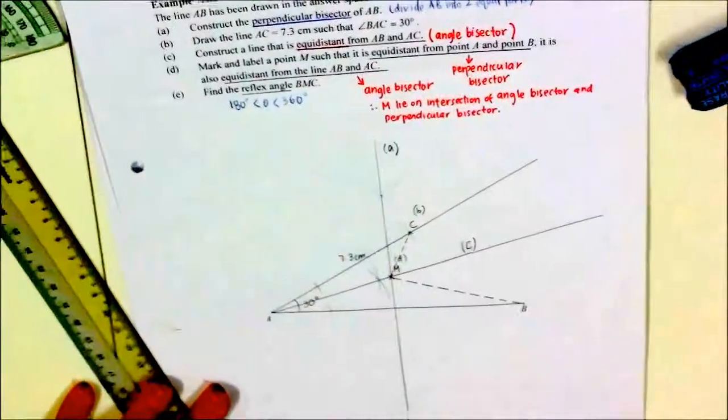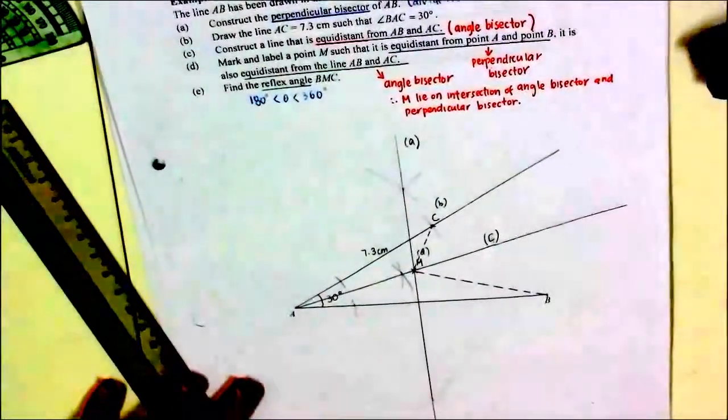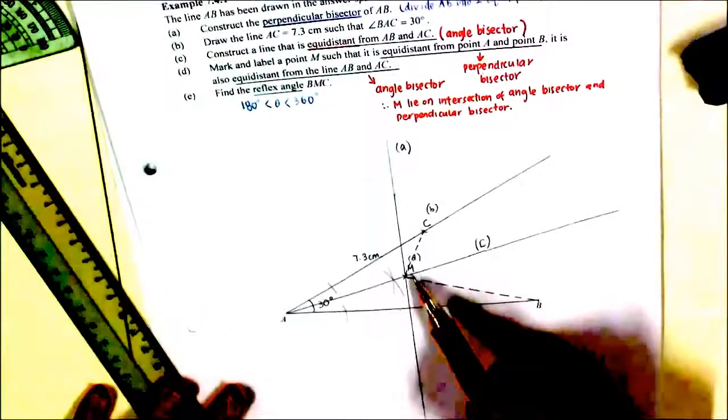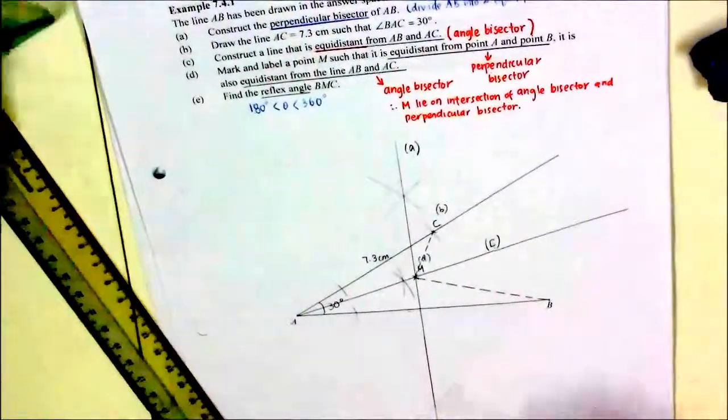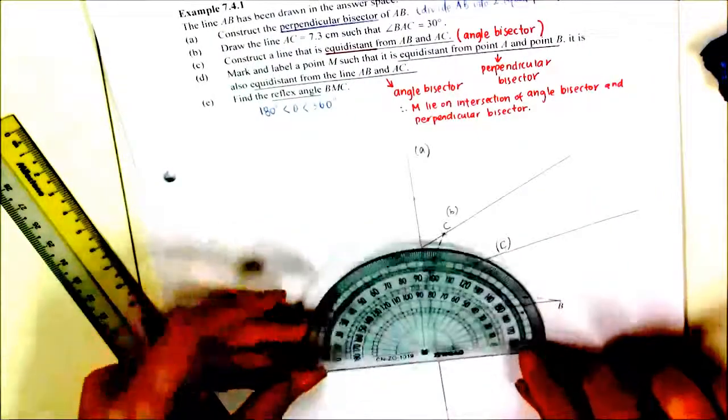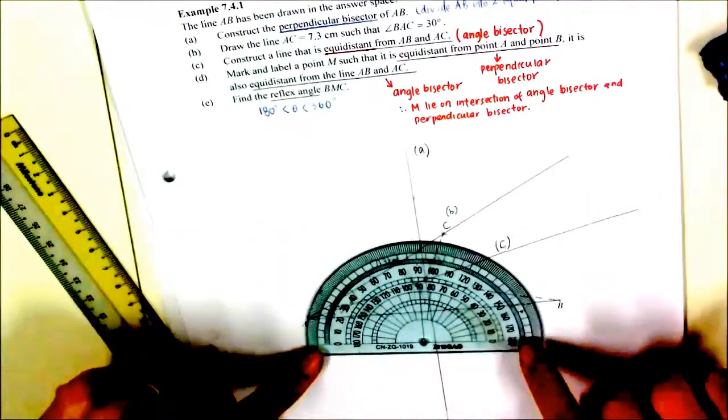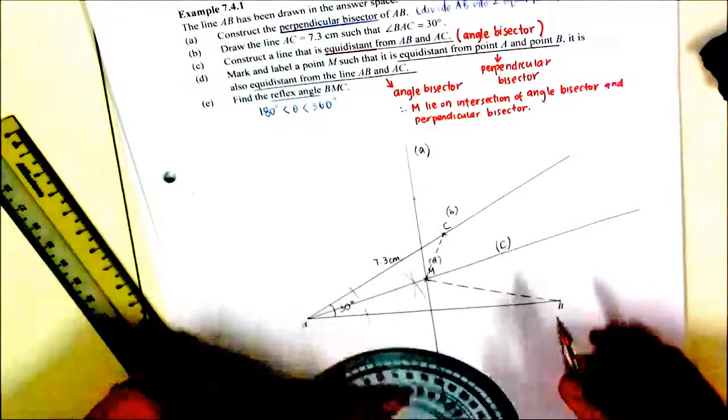At this point, you realize that your protractor can only measure values from 0 to 180. It's only from 0 to 180. So in order to find the reflex angle, we should try to find the acute angle first.